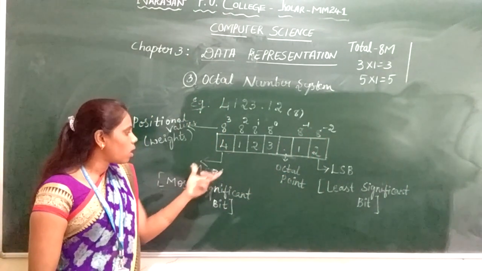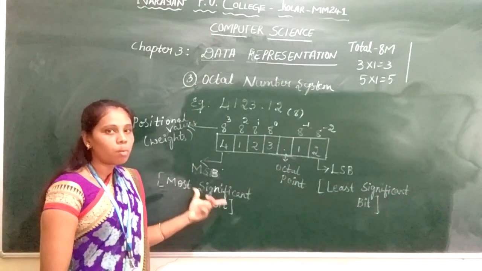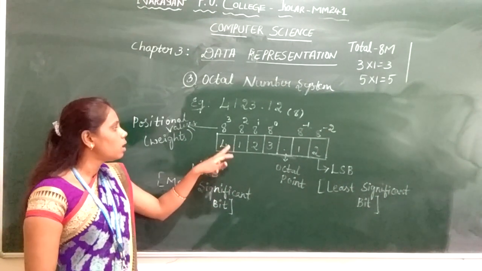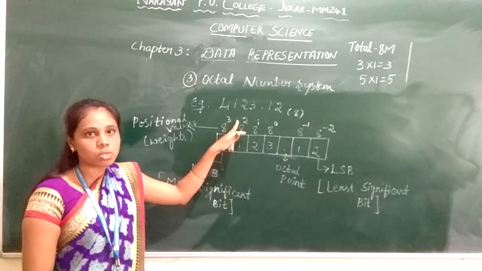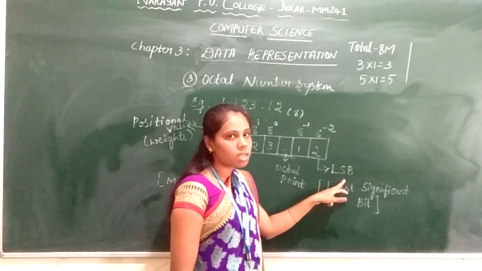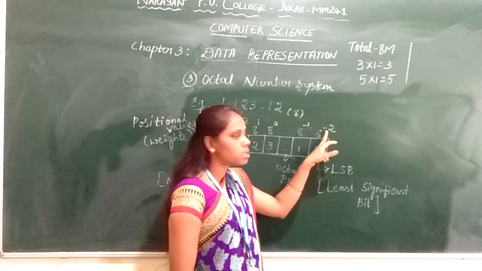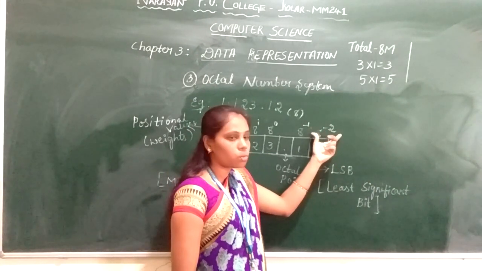This 4 we call MSB. MSB stands for most significant bit. The most significant bit is nothing but the digit which has the highest weightage. This 2 we call LSB, least significant bit, because this digit has the least weightage.